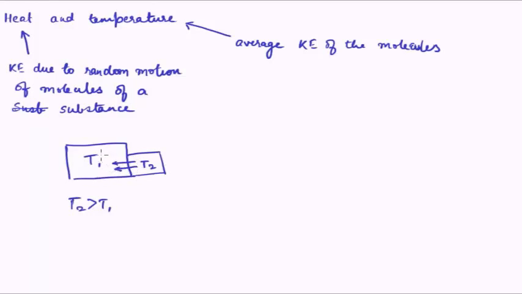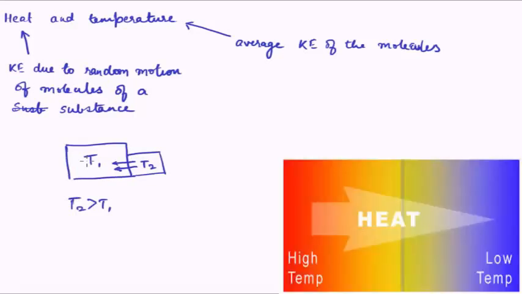It might be that the body T1, since it has a larger amount of substance, might have a net total higher heat content, but that will not define the direction of flow. The temperature gradient will define the direction of flow.